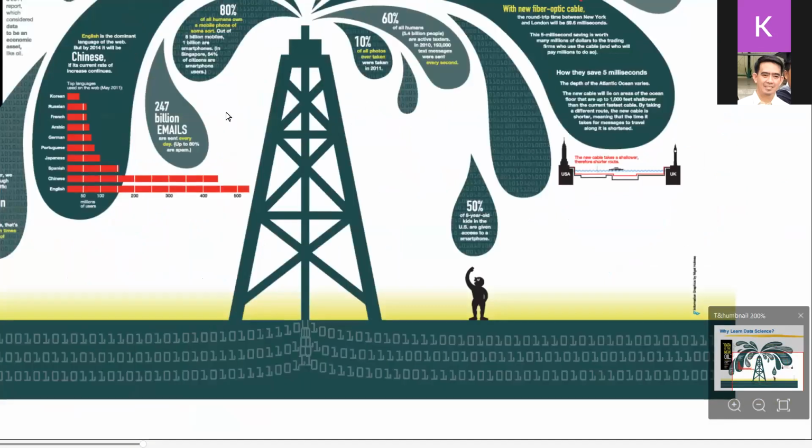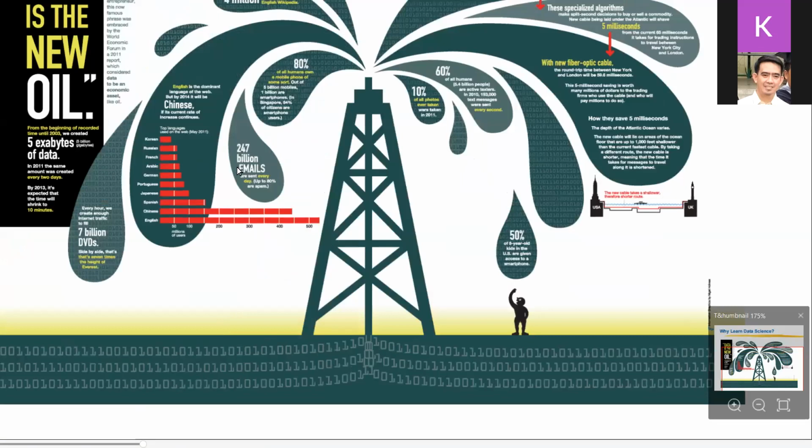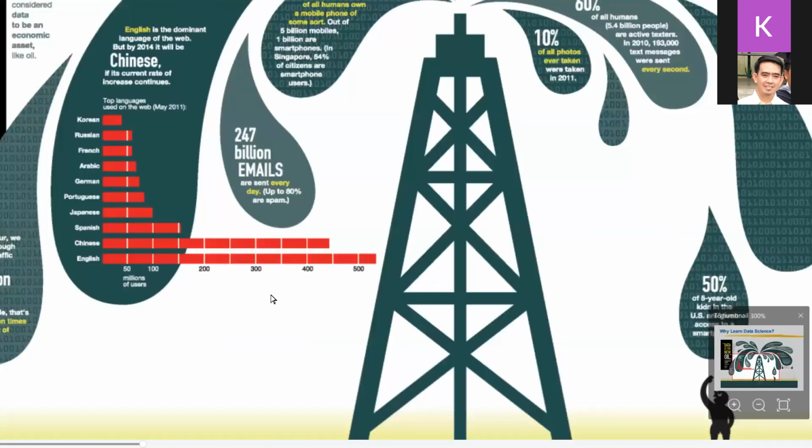And if we look at other parts here, for example, 247 billion emails are sent every day, up to 80% of which are spam. Most of them are advertisements, promotions, and other information that companies distribute to entice you. After all, sending emails is free.